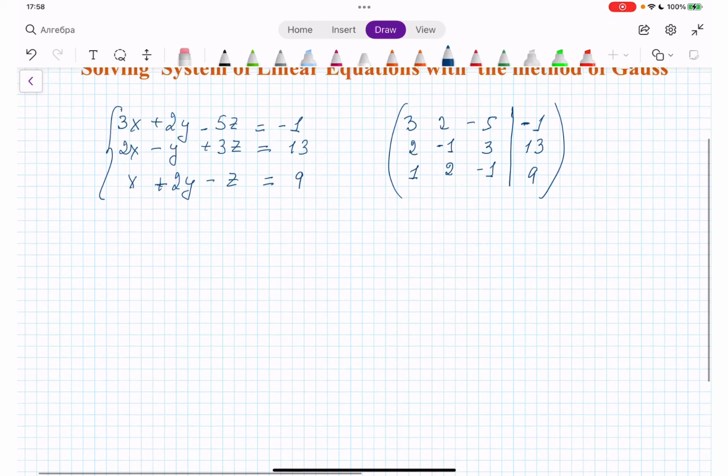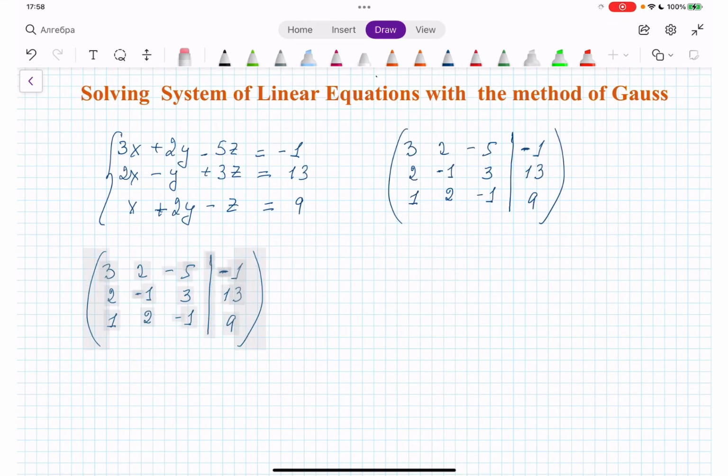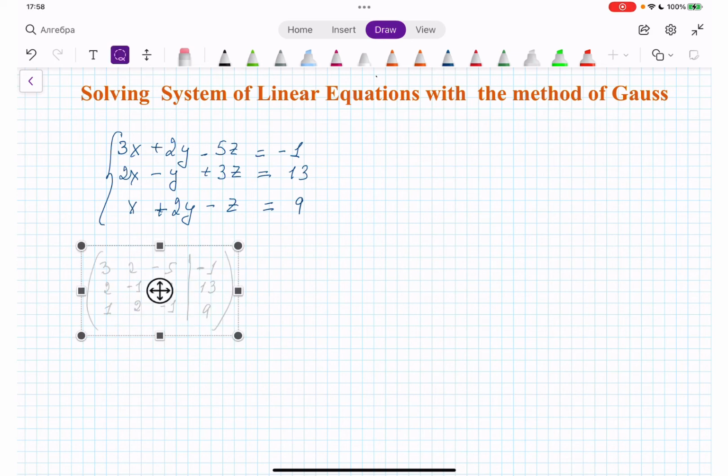All right. So let's form from here an echelon matrix, echelon type of matrix. What does that mean? Just to remind you quickly, we are going to take these numbers by the diagonal.